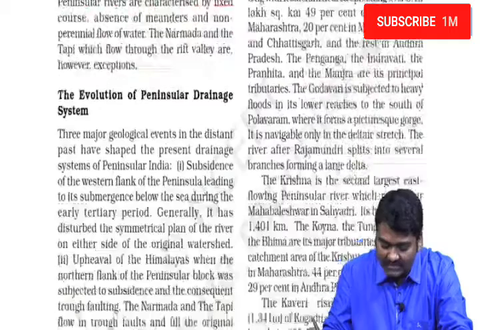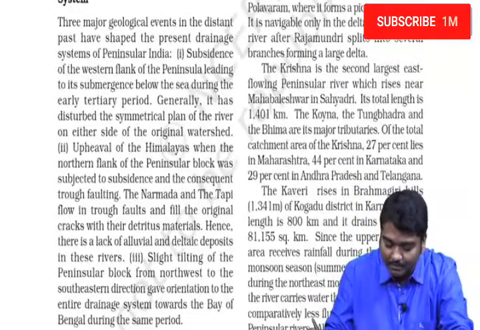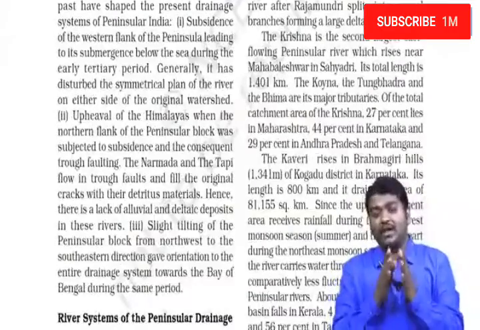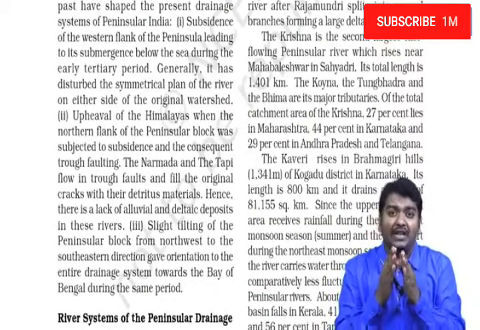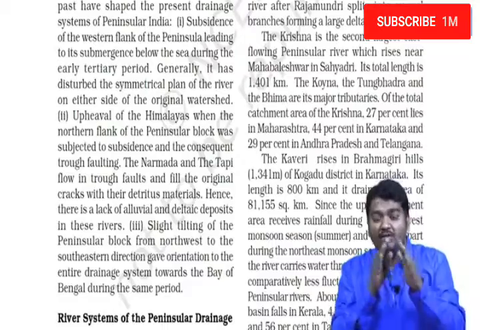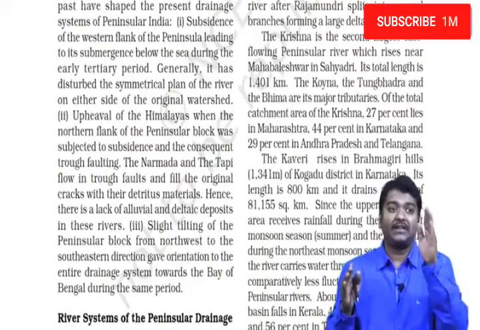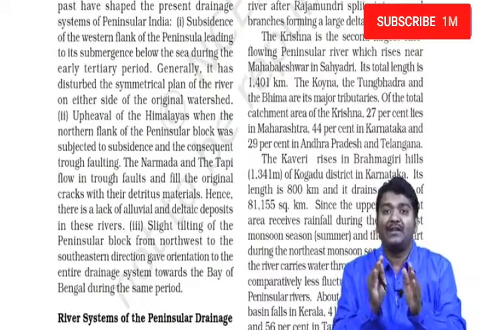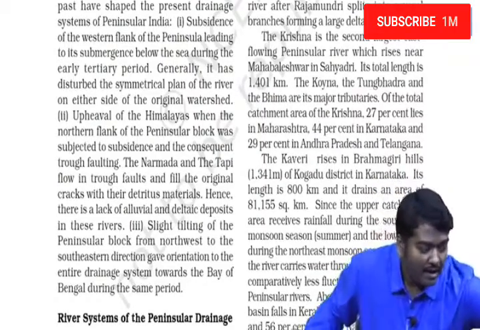So let us see how exactly this peninsular drainage system evolved. The three major reasons which led to the formation of this particular drainage pattern, that is west and east flowing in the peninsula, are as follows.